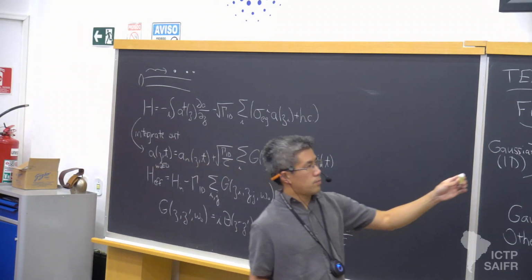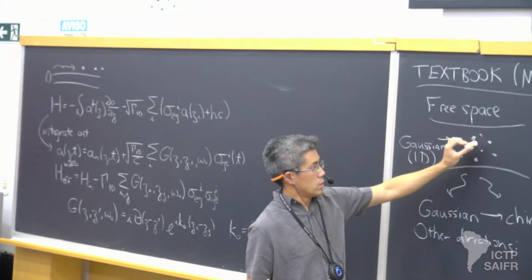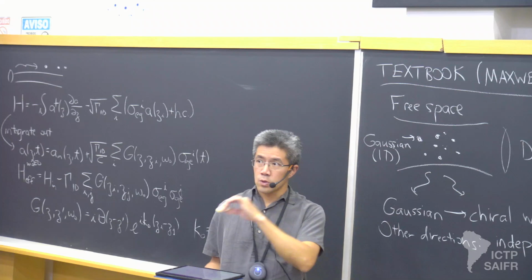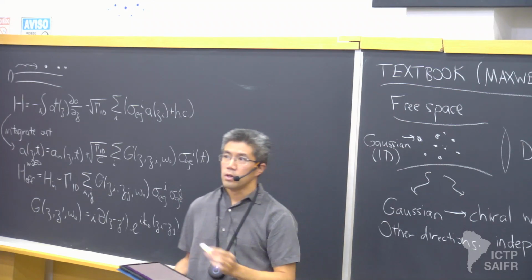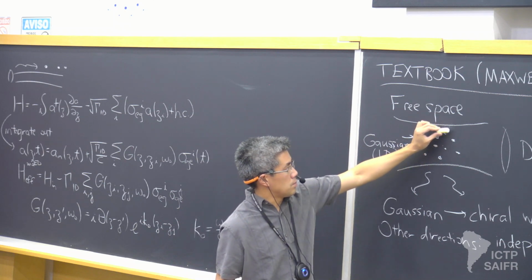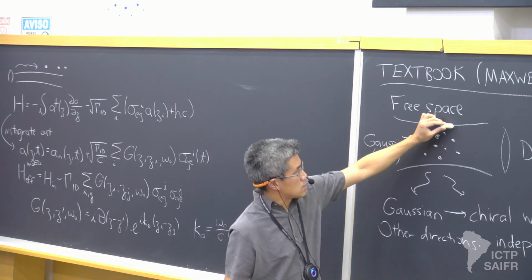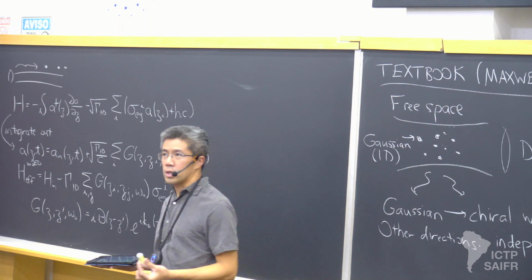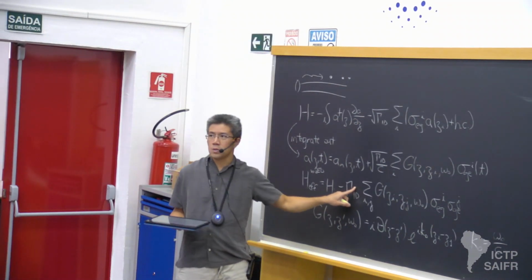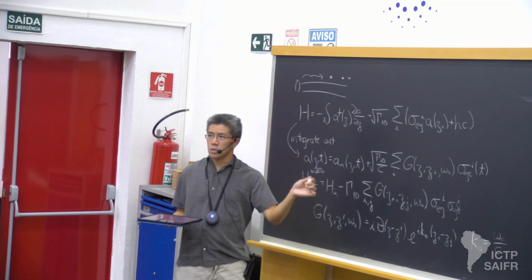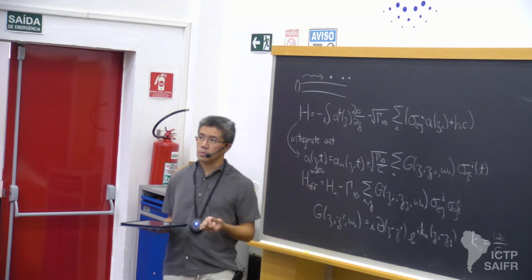So that would be the kind of proper description of a Gaussian beam. So it is possible to fold all those effects still into the chiral waveguide model. So for example, if you have one atom that's kind of off to the side and it couples more weakly, you could, if you want, introduce an extra position dependence of this gamma 1D, which describes your coupling to the 1D mode in the first place.